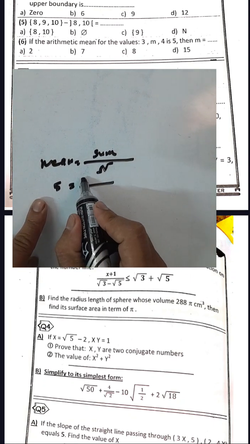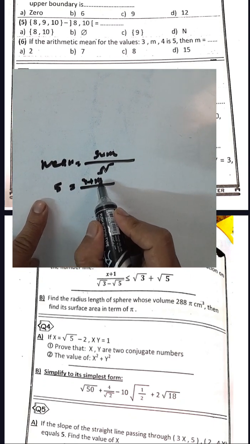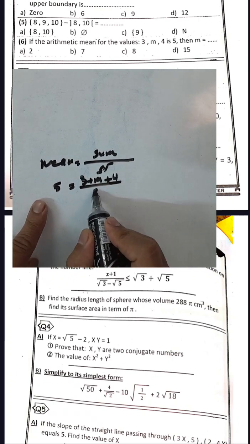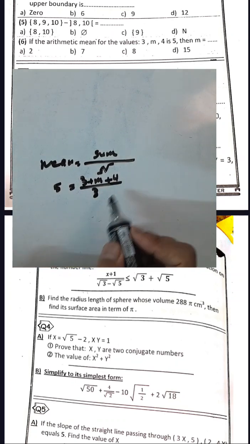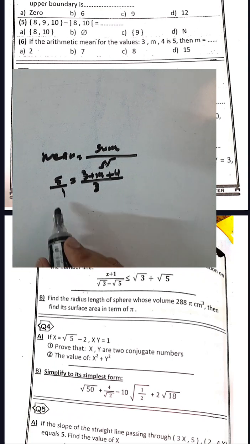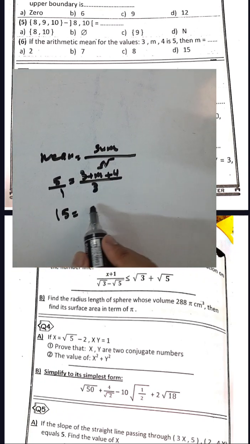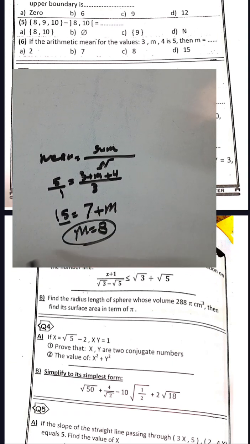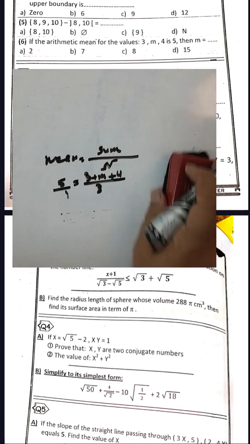We can add 3 plus m plus 4, divided by 3. We have 3 elements here, and then using the rule, the product of extremes equals the product of means. 3 times 5 equals 15, and 3 plus 4 equals 7 plus m, then m here will be 15 minus 7, equal to 8. The value of m equals 8.